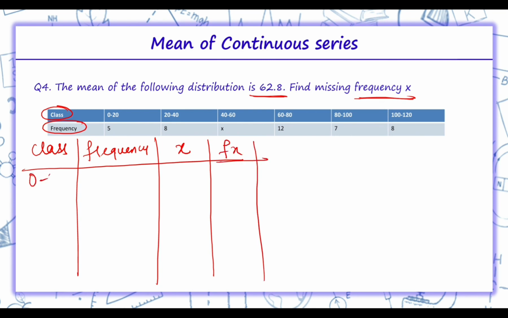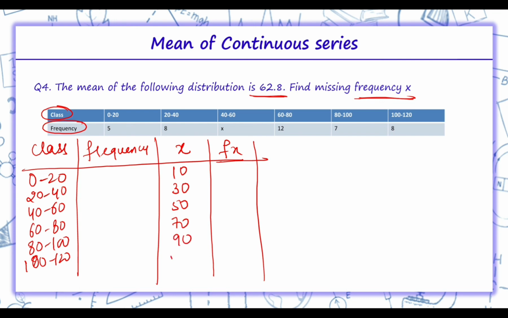So the class intervals are 0 to 20, 20 to 40, 40 to 60, 60 to 80, 80 to 100 and 100 to 120. So x will be 10, 30, 50, 70, 90, 110. Frequency is given, which is 5, 8, x, 12, 7, 8.